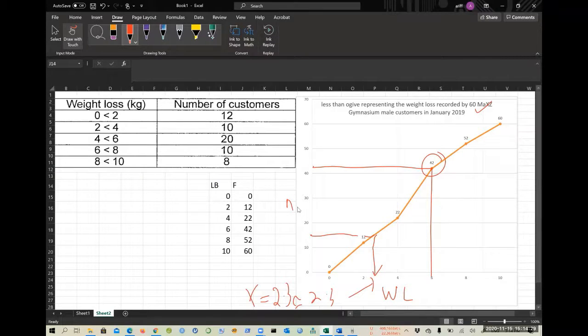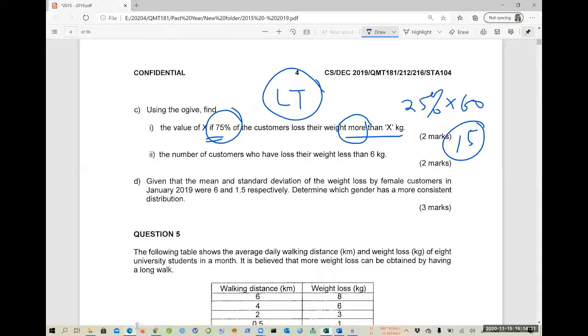So this is the situation. So untuk jawab yang ni, the number of customers who have lost their weight less than 6 kg will be 42. So for this one, it will be X is approximately 2.3 kilogram.